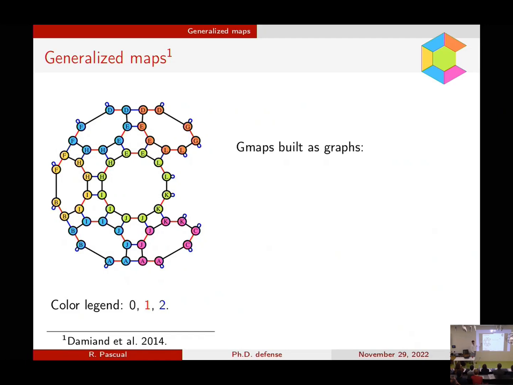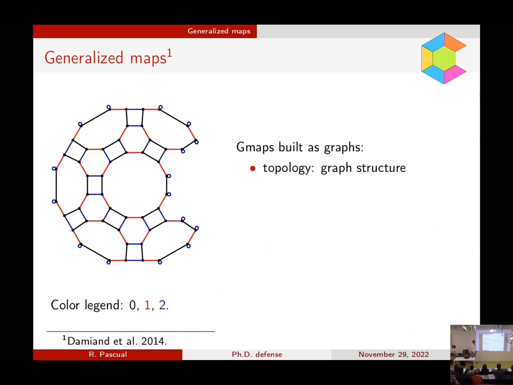The structure is called generalized maps, and it encodes both the topology of the object and its geometry. On the topological side, we use the structure of the graph to help us. So in our case, we have arcs that are labeled by dimensions. So 0, 1, and 2: 0 in black, 1 in red, and 2 in blue.